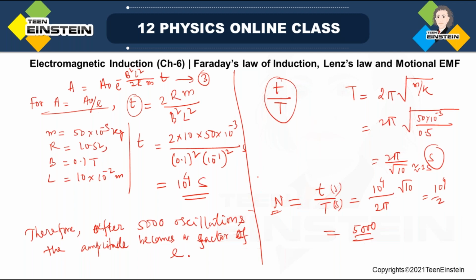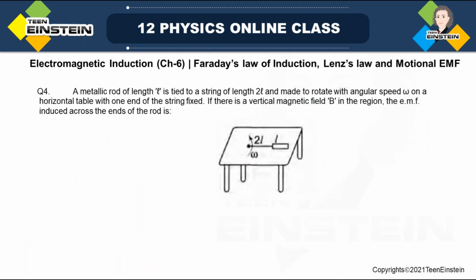All right. Here we will solve another last problem. Look here, there is a metallic rod of length L. It is tied with a string of length 2L.